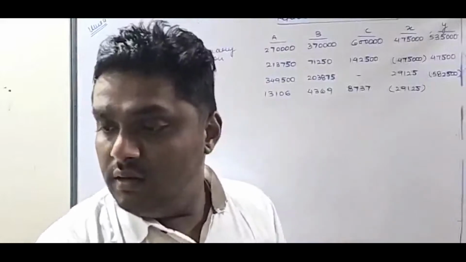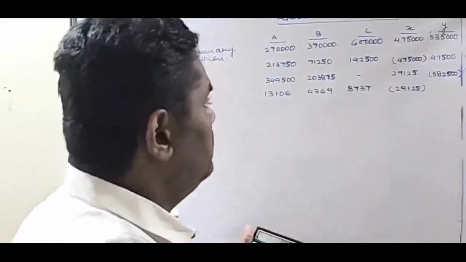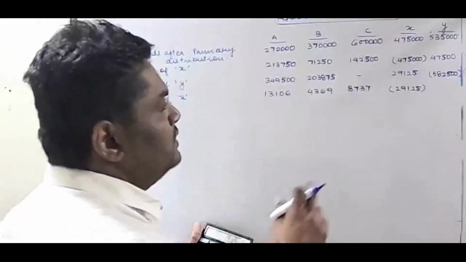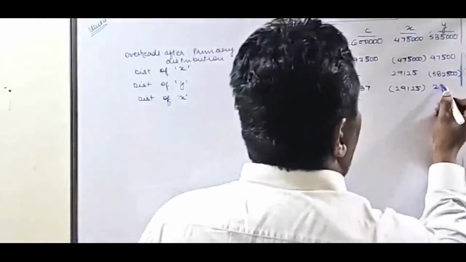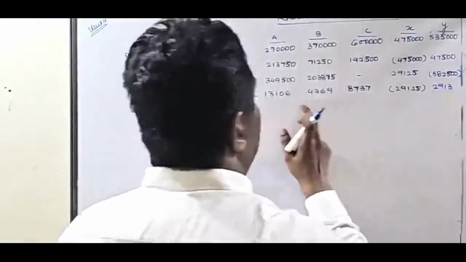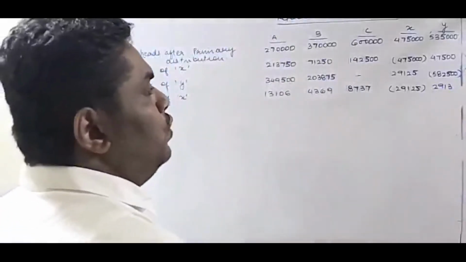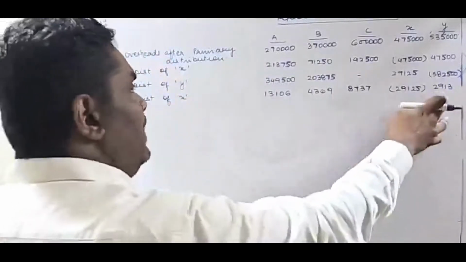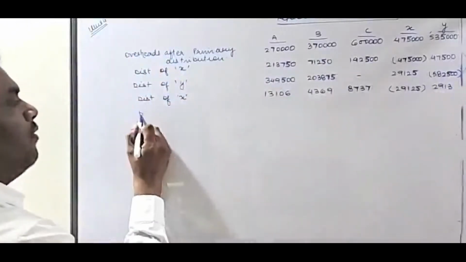And the last 10% goes to Y. So this will be 2,913. Now again we will distribute Y.